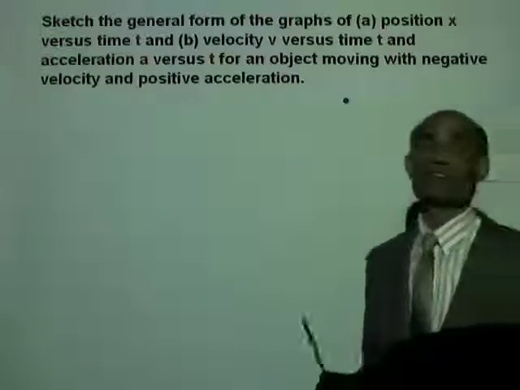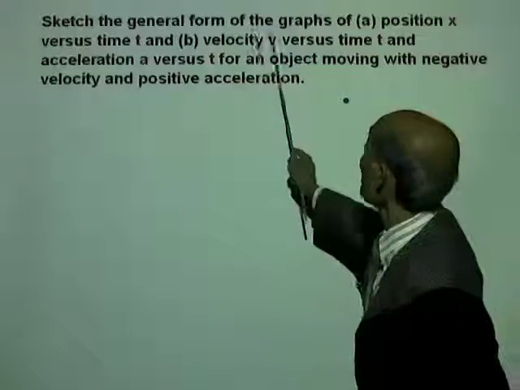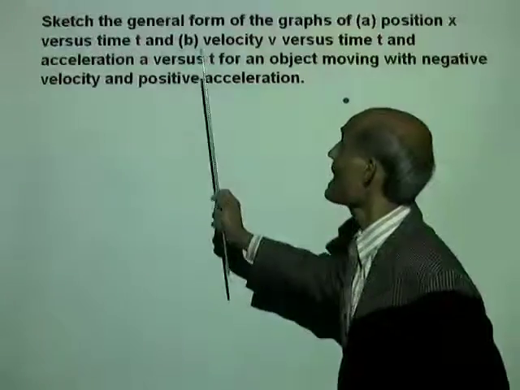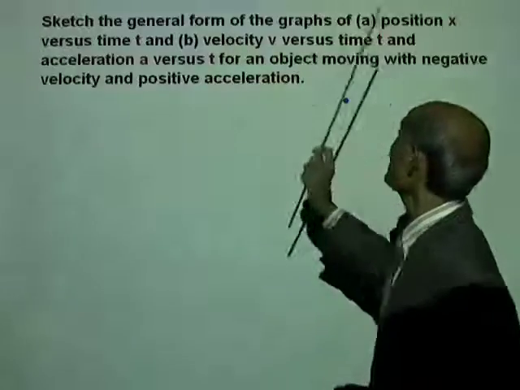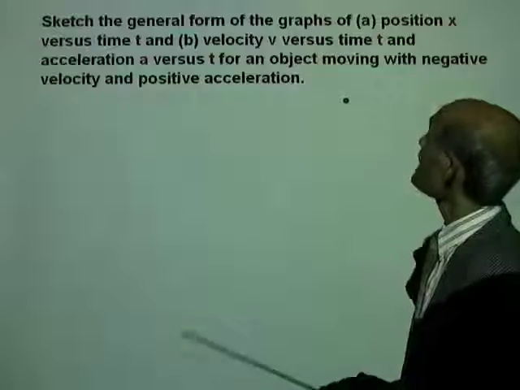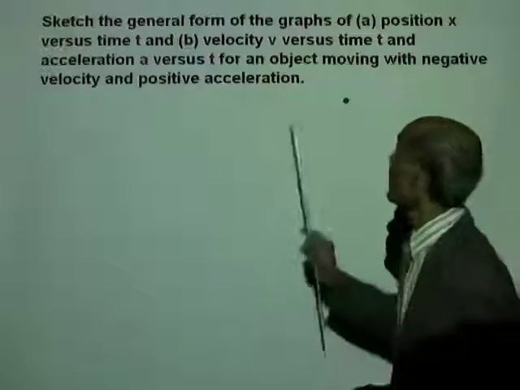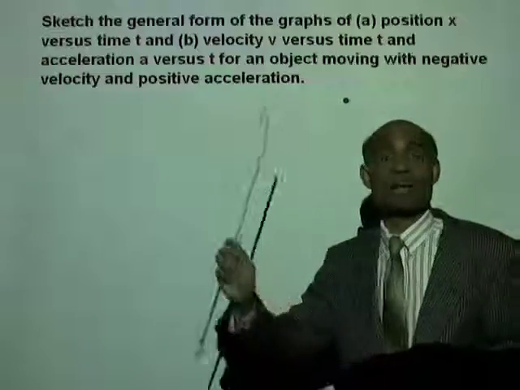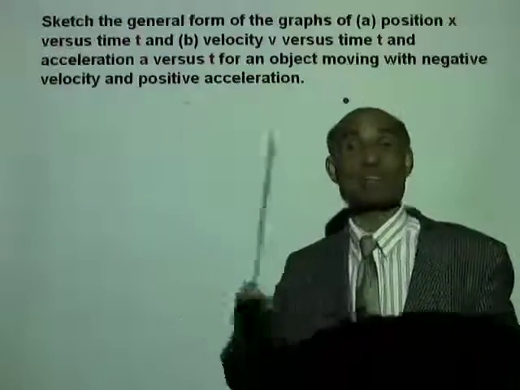Look at one more case. Sketch the general form of the graphs of position x versus time t, velocity versus time t, and acceleration versus time t. Look at this carefully. Of an object moving with negative velocity and positive acceleration.